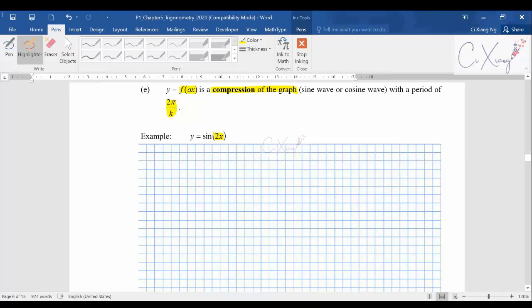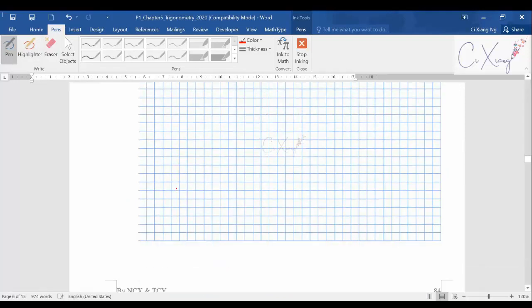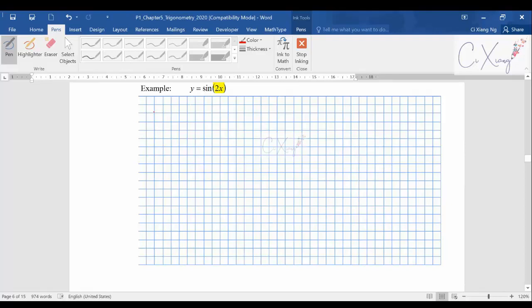If they want you to sketch 1 cycle of sine 2x, we need to do it like this. The method here is a bit different. No matter what, I still need the original graph first.